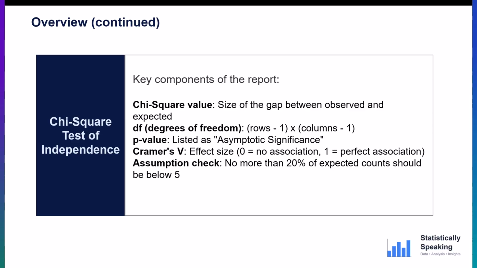Then there's an assumption check that SPSS will report: no more than 20% of the expected counts should be below 5. If that is violated, then we have to discard chi-square and use a Fisher's exact test instead.